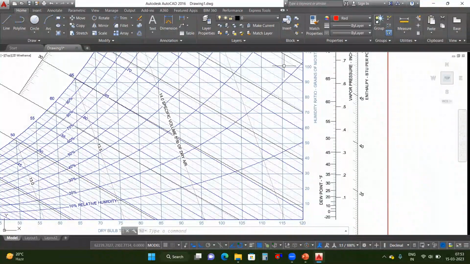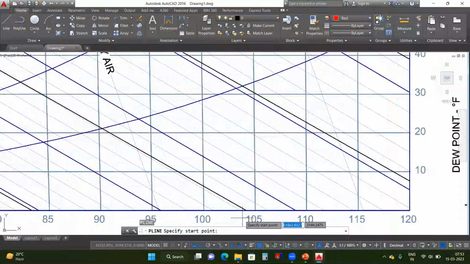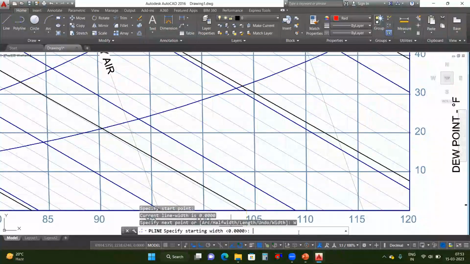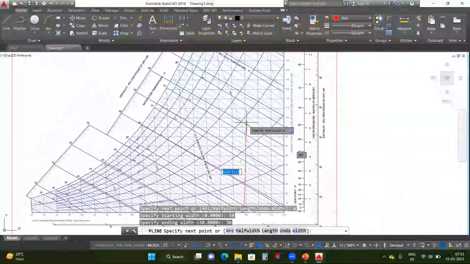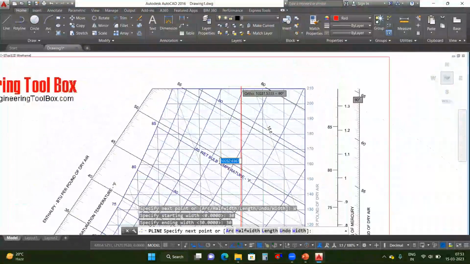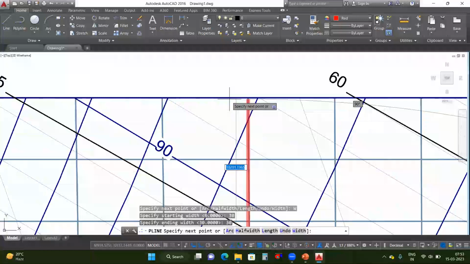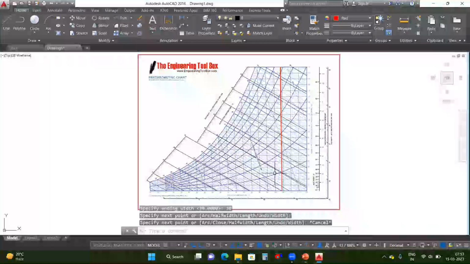I will take one line. Okay, this is the dry bulb temperature.